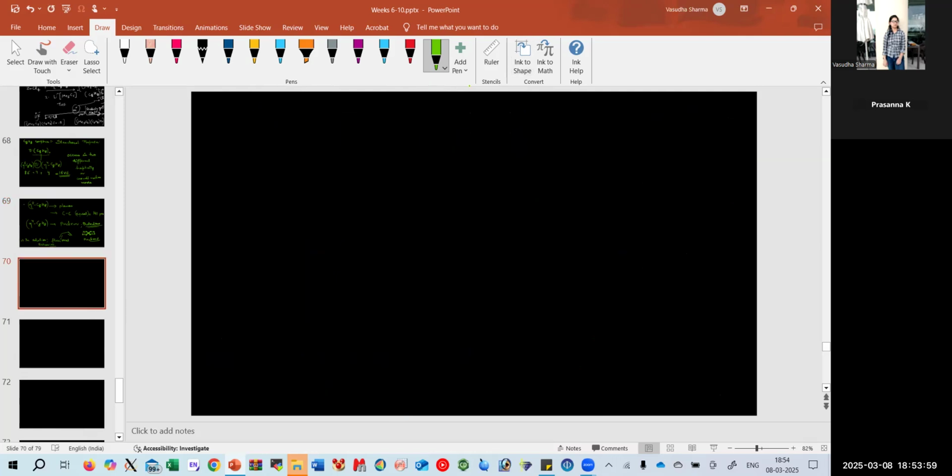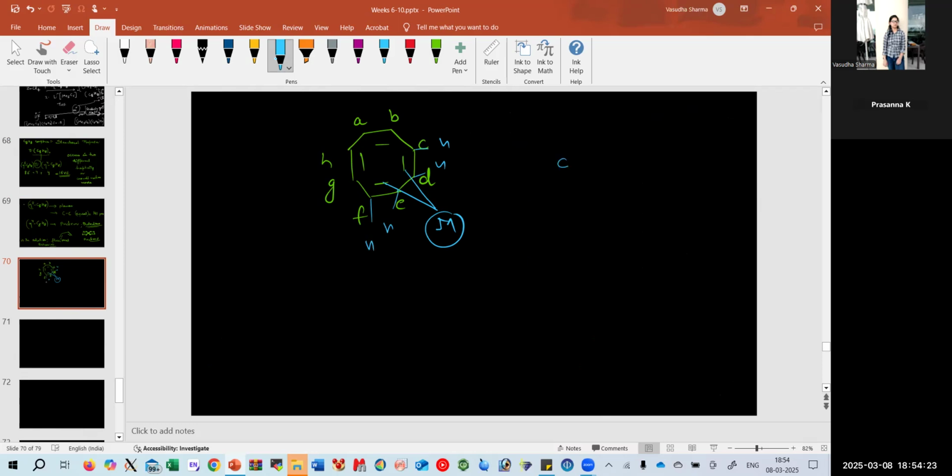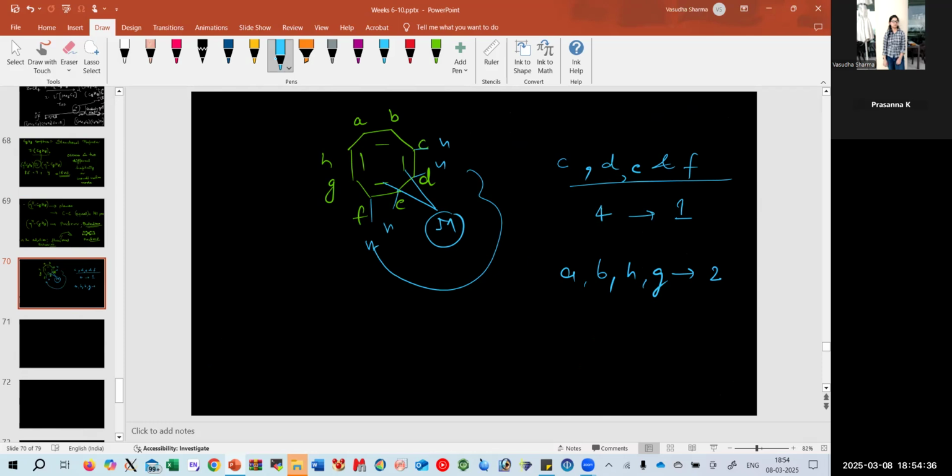For example, we'll take a case. I will label all the carbons A, B, C, D, E, F, G, and H. Now I'm saying I'm only coordinating these with the metal center, which means these protons bonded to C, D, E, and F. So only these 4 which are bonded with the metal should give me one signal, and the other 4, which are A, B, H, and G, should give me another signal.